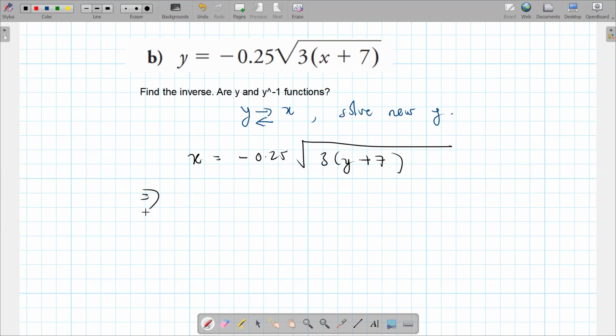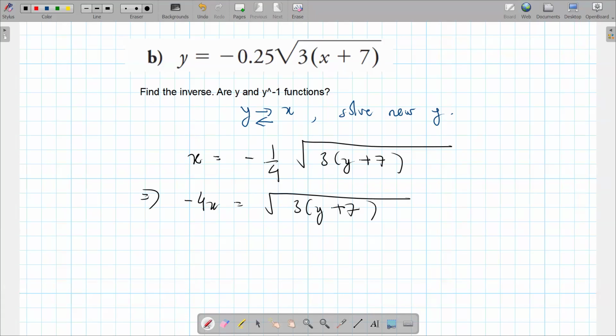How do we isolate y here? I was gonna make our lives easier here. So let's multiply by negative 4 on both sides.